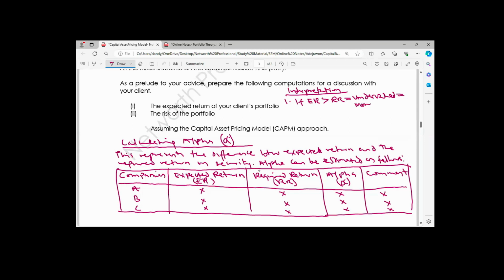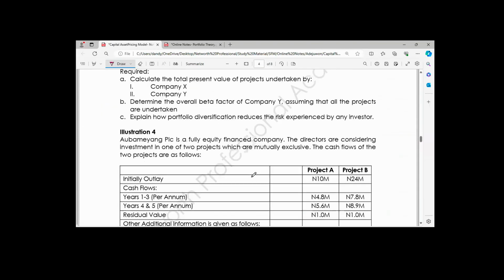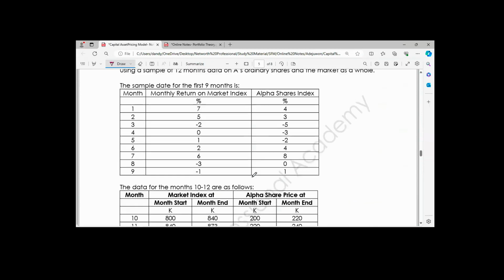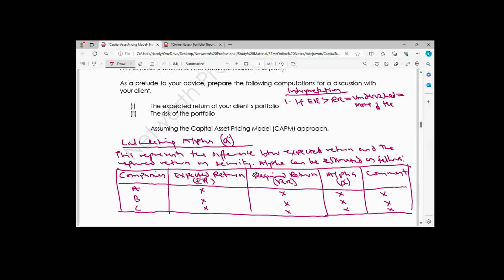Let me see if I can get a bigger space. Okay, I just managed that. So more of the security should be bought.